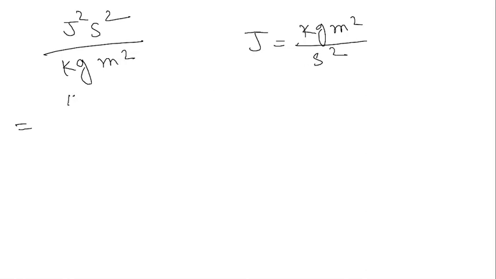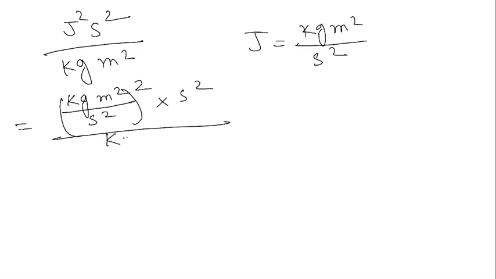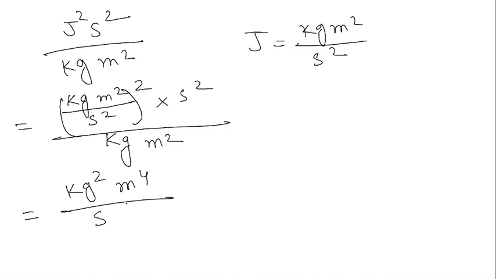Let me put it here: kg square meter to the power 4 by second to the power 4, and second square will be left into kg meter square.